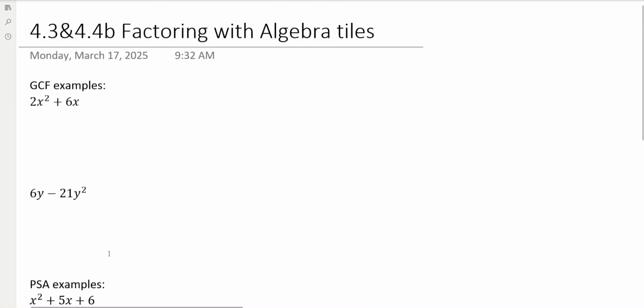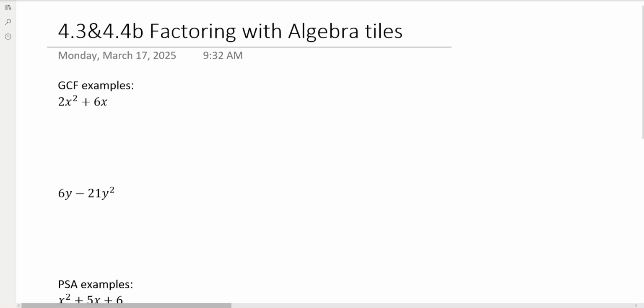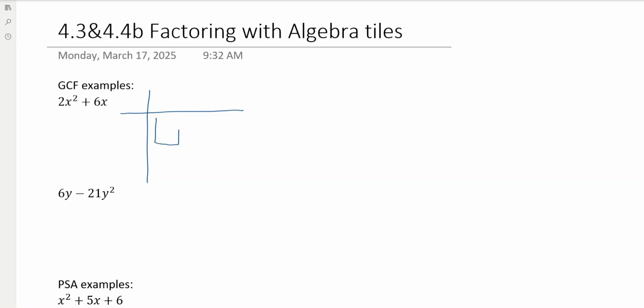So here we have 2x squared plus 6x. If we're trying to factor this, this is kind of like how we could multiply with algebra tiles, but what we're going to do is put these algebra tiles inside. I forgot to say, we have a legend here that this is x. Legend just means it's describing what everything means.